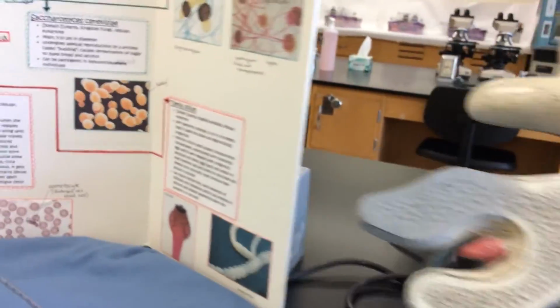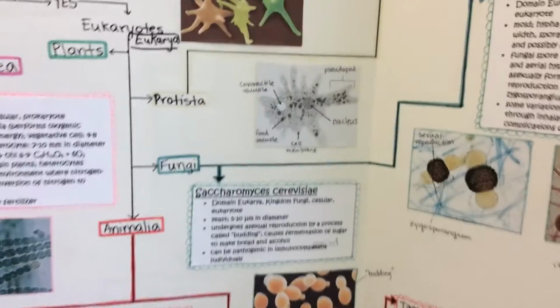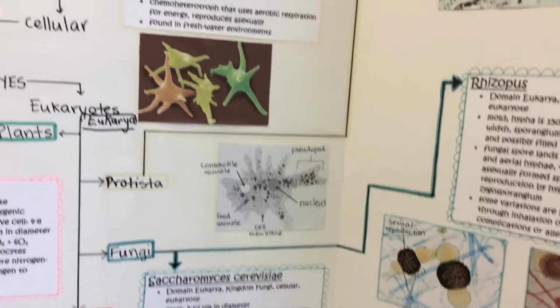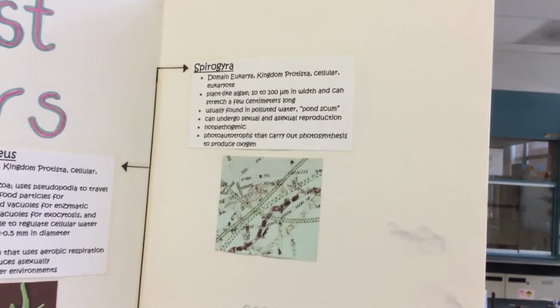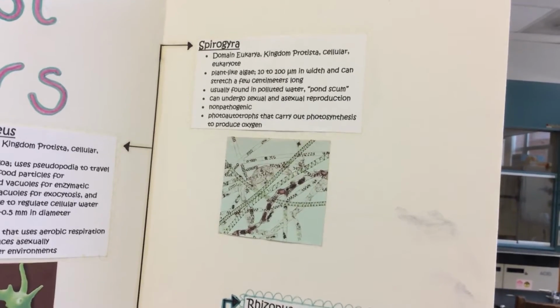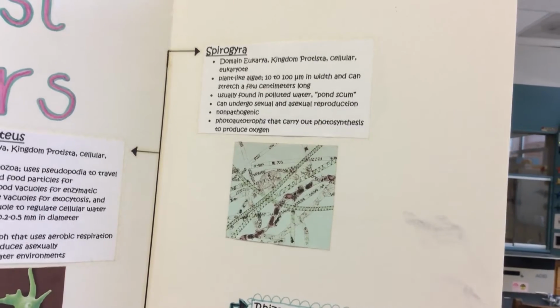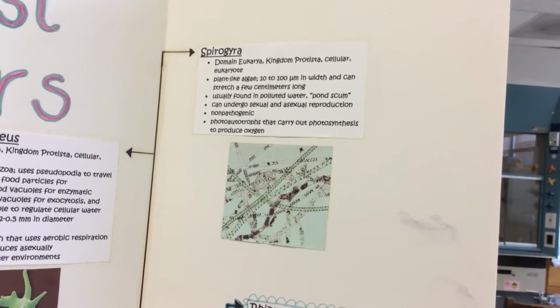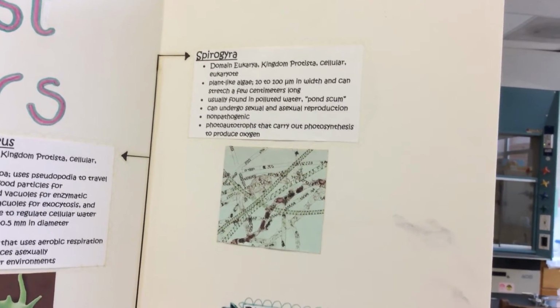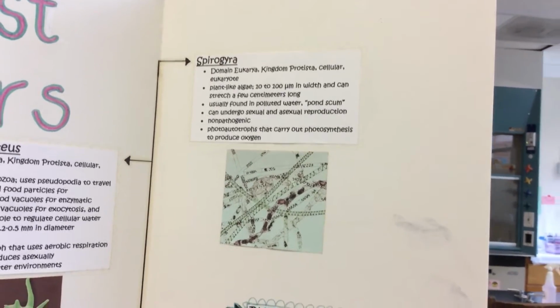All right. And then we're going to come back to this old group Protista, and we'll come up here to a group of unicellular eukaryotes that belong to this old kingdom Protista. But these are plant-like protists because they have chloroplasts just like plants do.